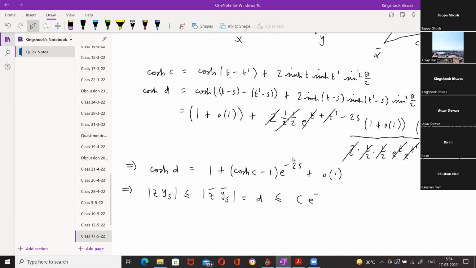Because cosh d looks like 1 plus d squared by 2.